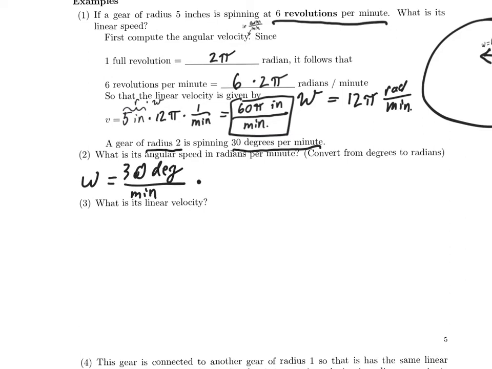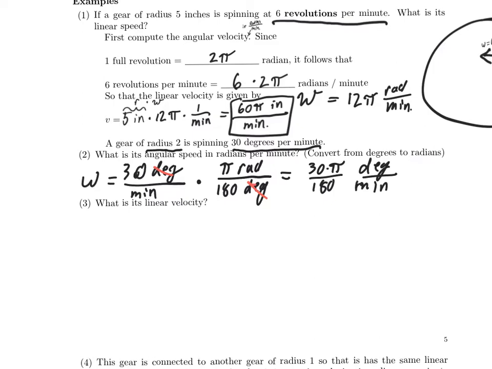How do you convert from degrees to radians? Well, you use the fact that pi radians is the same thing as 180 degrees. The units of degrees will now cancel. And so you wind up with 30 times pi over 180 radians per minute.